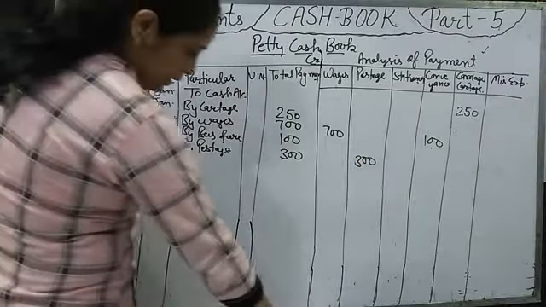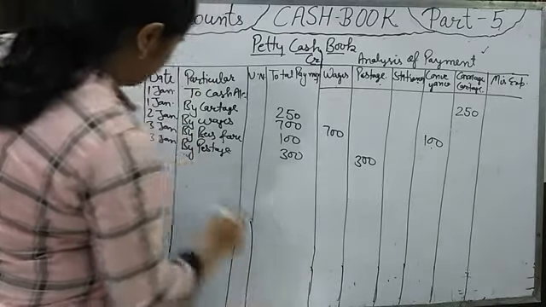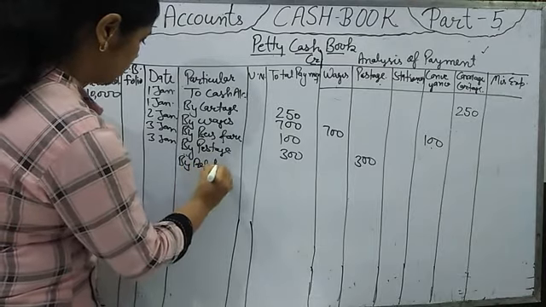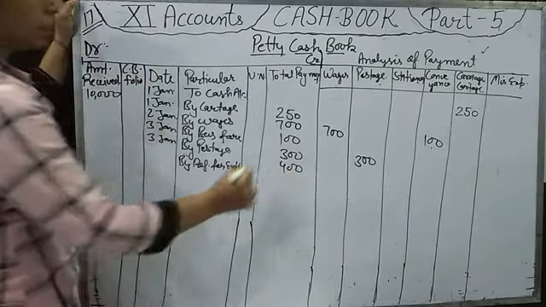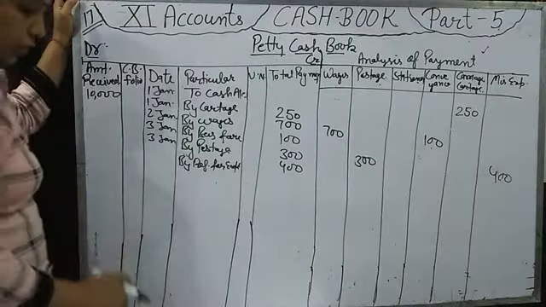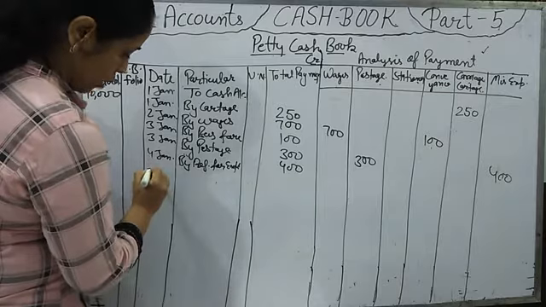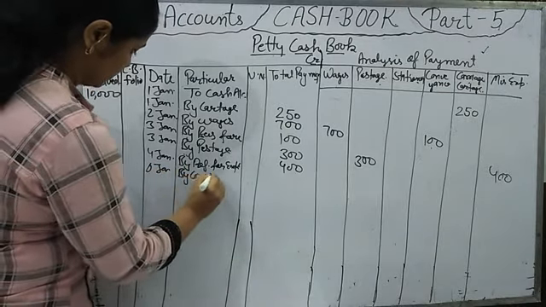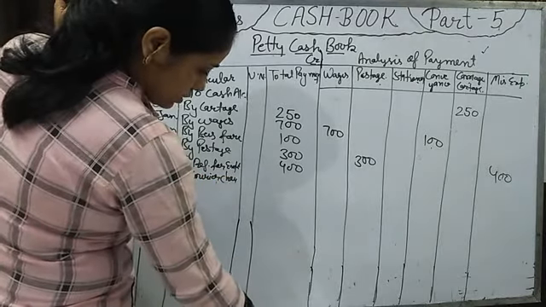Okay, the next is refreshment for employees 400, by refreshment for employees 400, and it will come in the miscellaneous expenditure. Okay, the date of this is 4th Jan. Now on 6th Jan, courier charges, amount is 150.